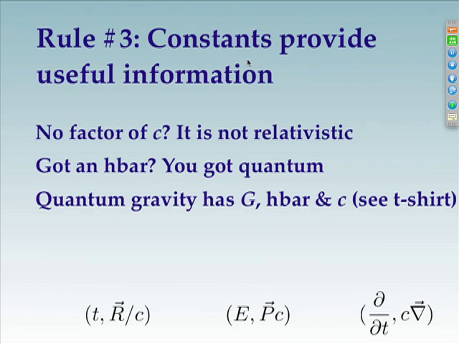But I think the constants actually give you a handle on what's going on. If there's not a factor c in there, then you can't be really relativistic. If you've got an h bar, hey, maybe you've got quantum mechanics going on. Relativistic quantum gravity has a G and an h bar and a c, like the T-shirt has.